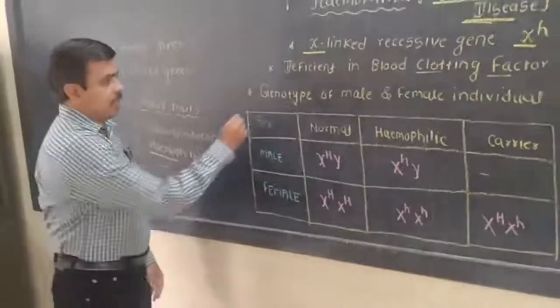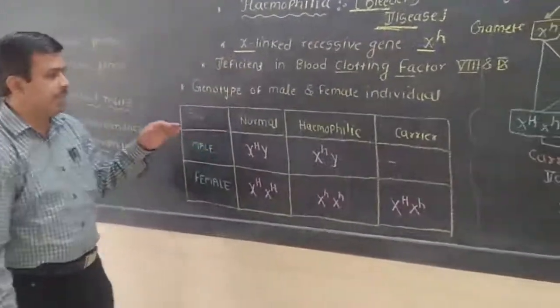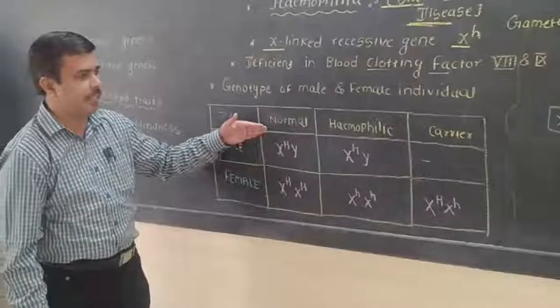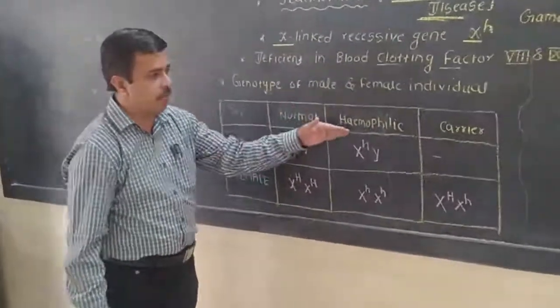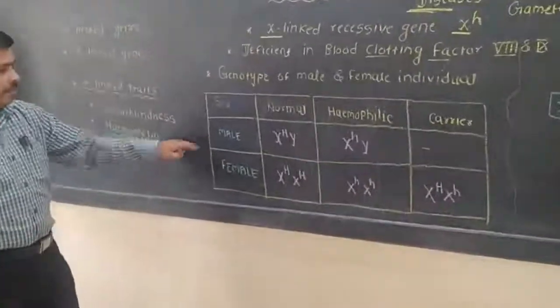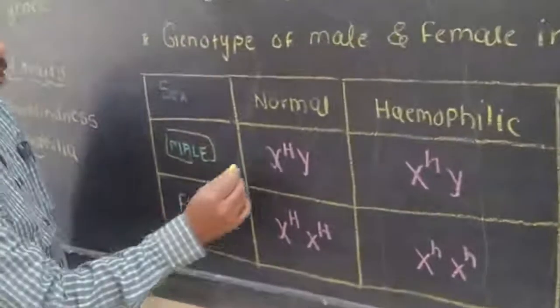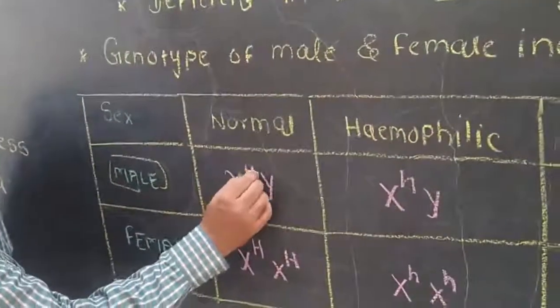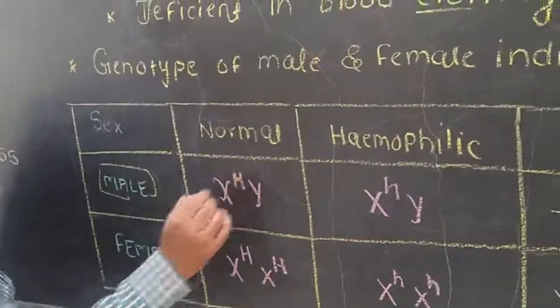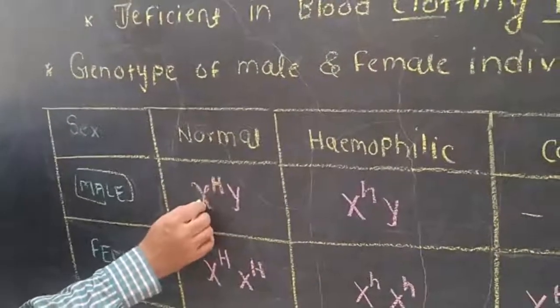Now here is the genotype of male and female individuals in the different conditions: normal, hemophilic and carrier. In the male, in the normal condition, the dominant capital H is present on the X chromosome.